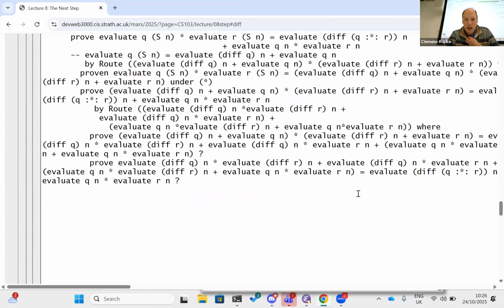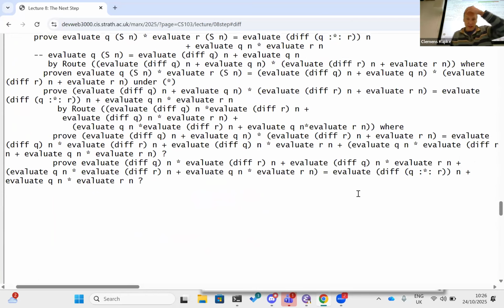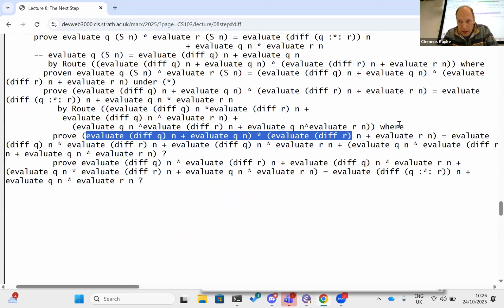So now we have two cases to consider. Sorry, where did we end up? Here, so we have that this is the original product, so to speak, on the left-hand side. This has to be equal to the multiplied out version.